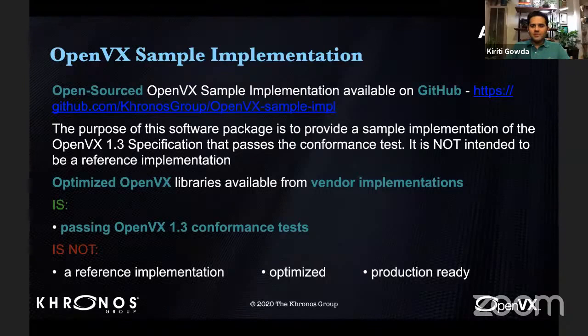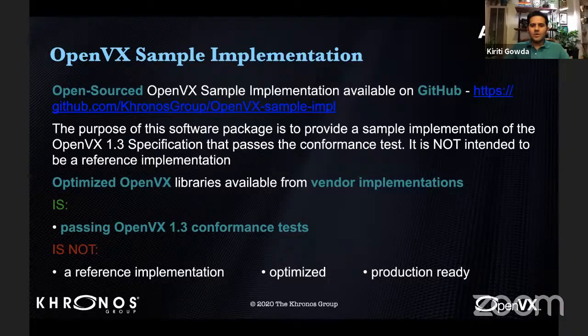So the purpose of this software is not to create an optimized, production-ready implementation, right? This is a sample implementation, not a reference implementation. When I say a reference implementation, it supersedes a given spec. So this is just a sample implementation. It passes OpenVX 1.3 conformance.